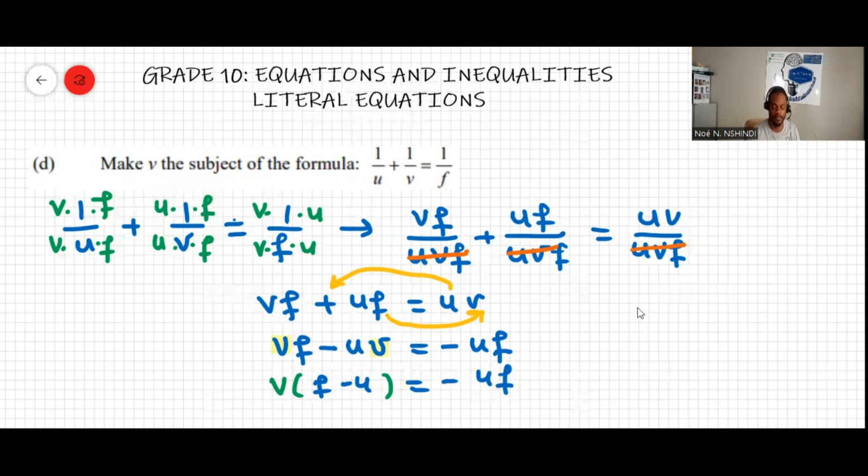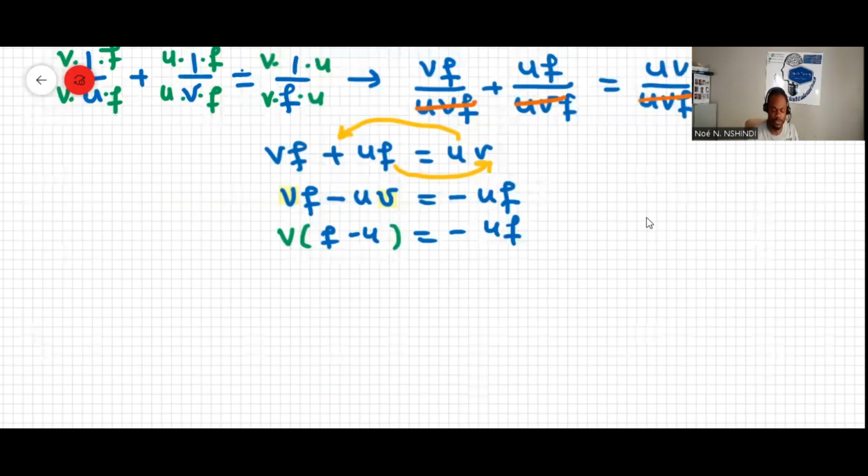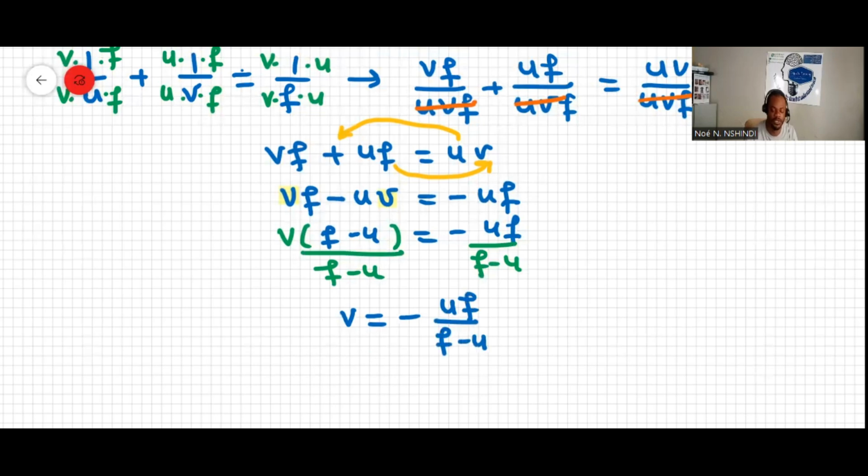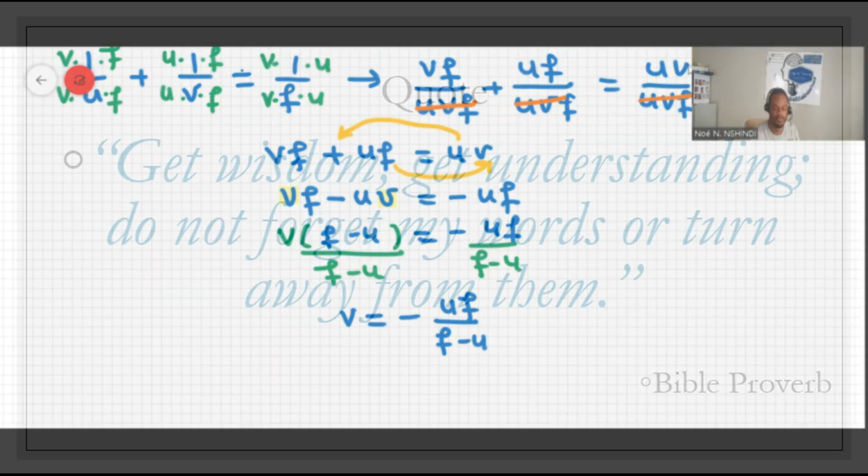Then we can divide both sides by F minus U, and this will make V equal to negative UF over F minus U. So that's V. That's all, this was question D. Thank you.